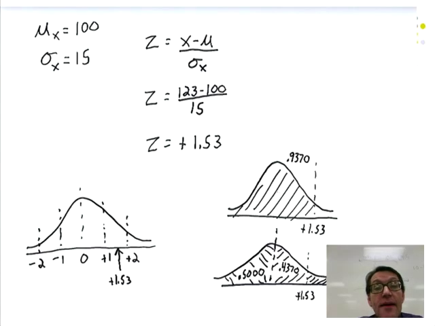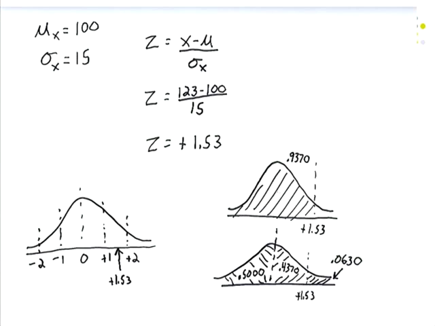So I can take that information, that 1.53, and just like in the last example, it tells me there's 0.9370 to the left. Now that I know that, this one piece of information becomes 3.